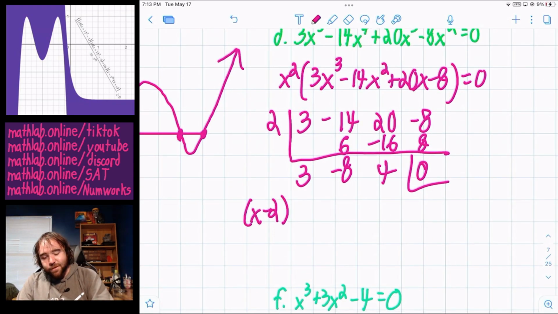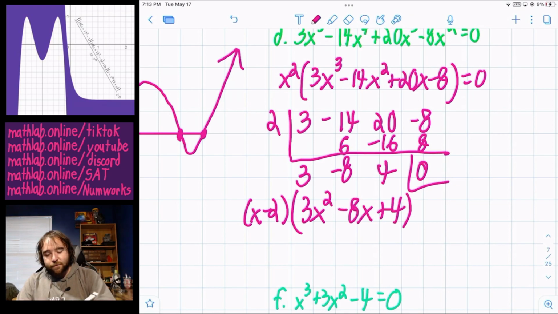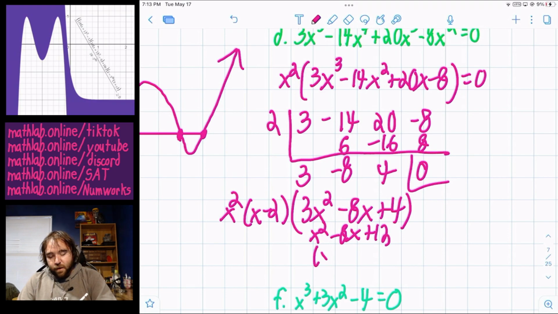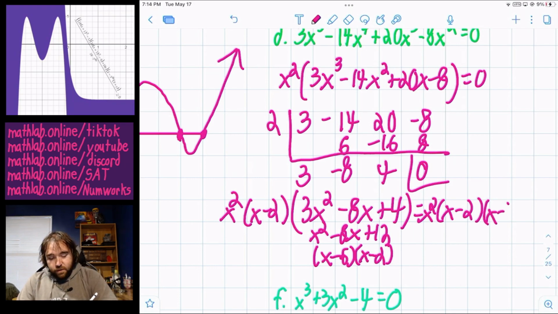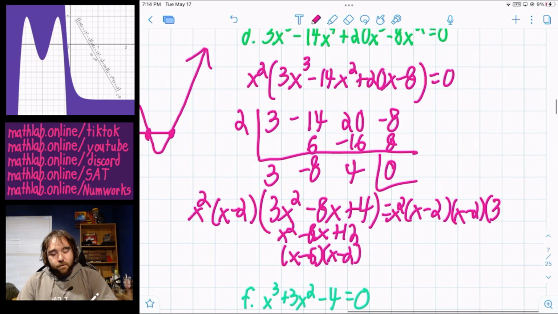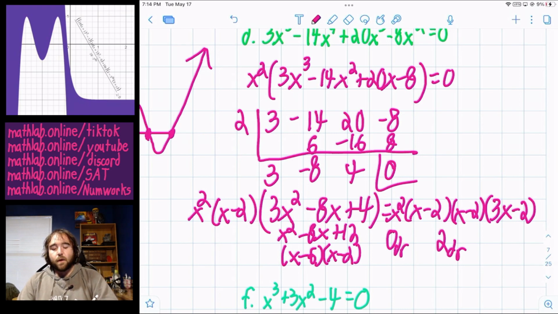That's x minus 2. That's 3x squared minus 8x plus 4, with the x squared on the outside. So then we'll Richmond. X squared minus 8x plus 12, x minus 6, x minus 2, divide by 3. So that we're going to have x squared, x minus 2, and then we're going to divide by 3, so another x minus 2, and 2/3, so 3x minus 2. So what are the answers? 0, double root, 2, double root, and 2/3.